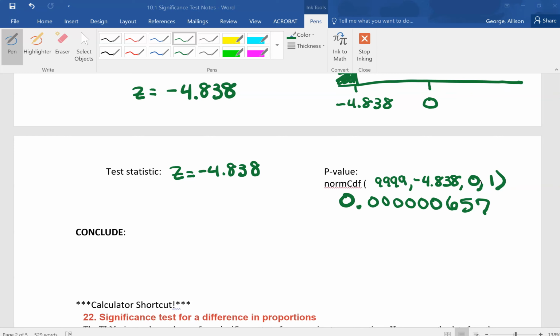So if it's smaller, then we can reject our null hypothesis, and we have convincing evidence.